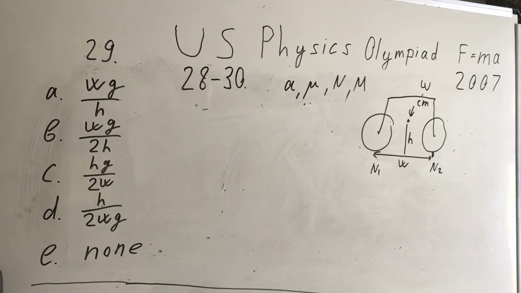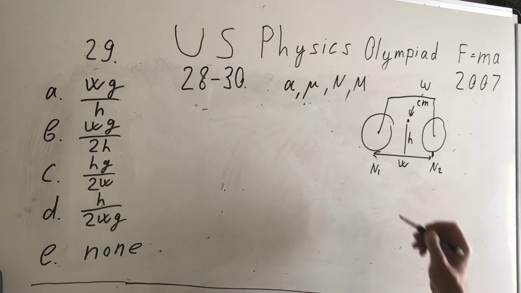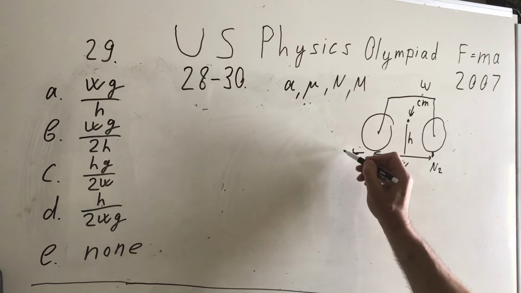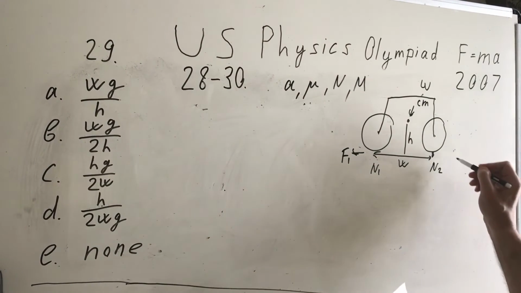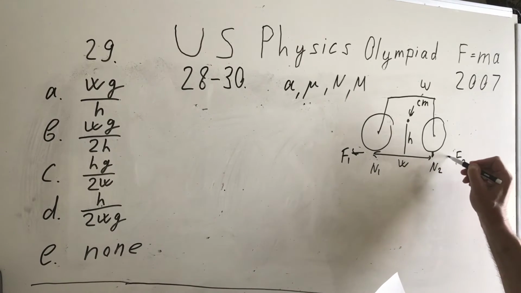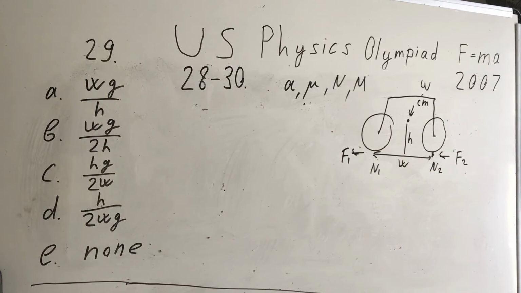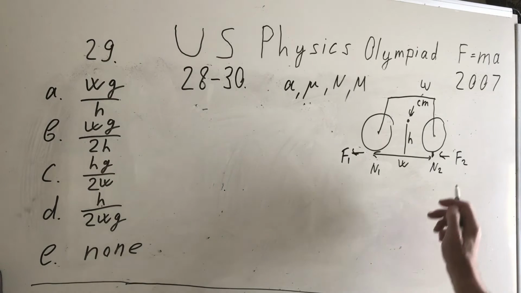Next problem number 29. We have the same setup. What is the maximum value of acceleration a so that both tires remain in contact with the ground? Now the best way is to use our original frame of reference in which we have force of friction F1, force of friction F2, and we have normal forces N1 and N2.